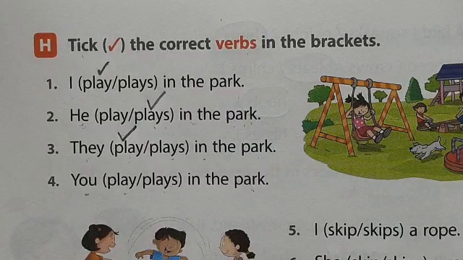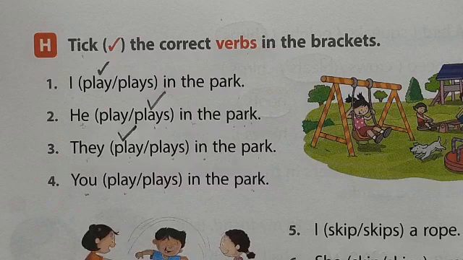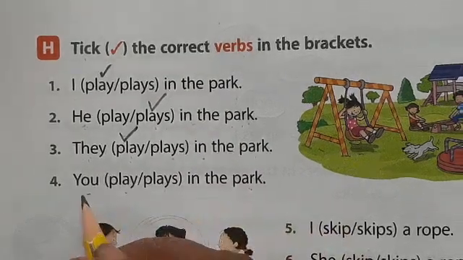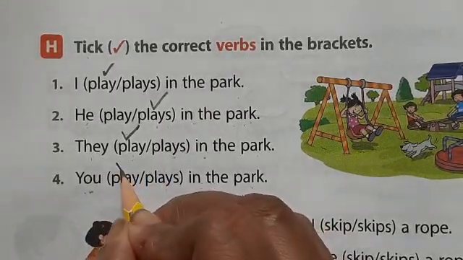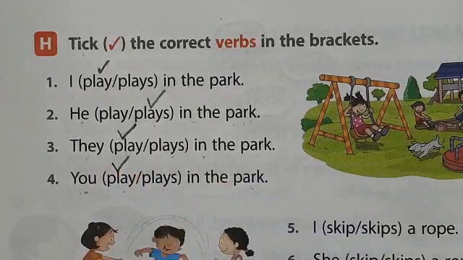Or children, you play in the park. So here the form without S sounds correct. We never say you plays in the park. That's wrong, children. So I'm going to put a tick mark on the word play. You play in the park.